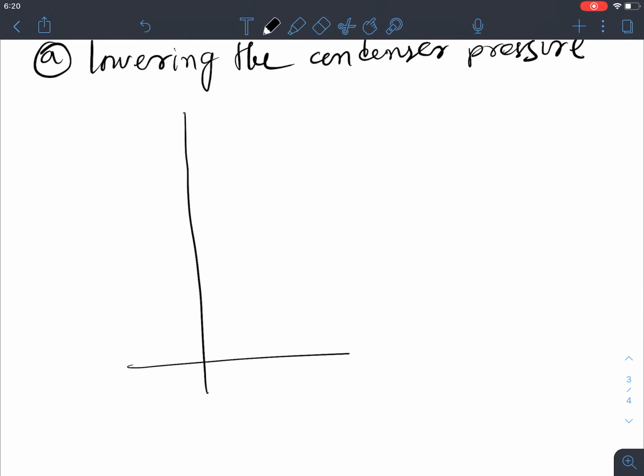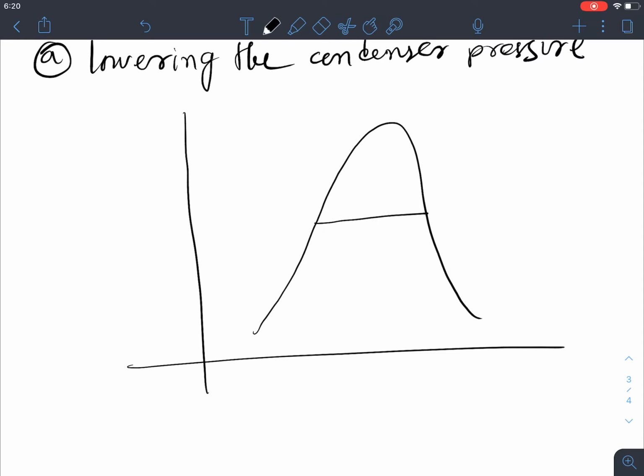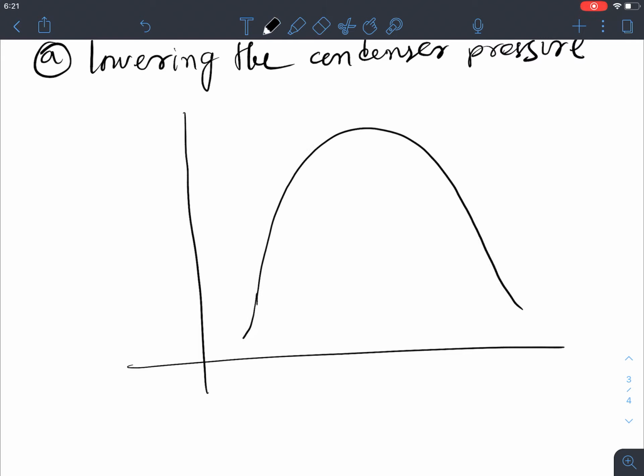Let's take a look at the TS diagram. In the ideal case, we have this diagram, points 1, 2, 3, 4.